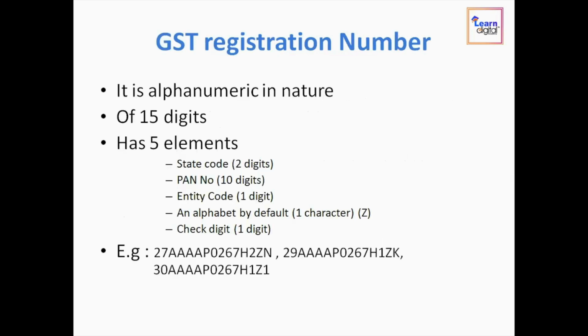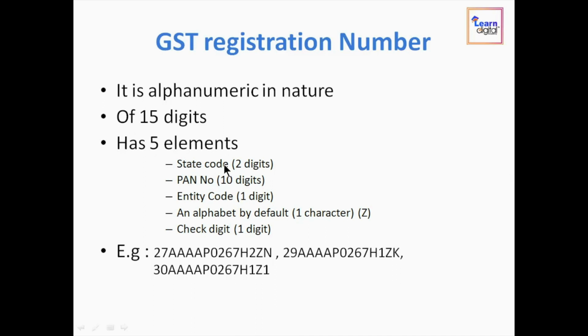Now, the GST registration number. The GST registration number is alphanumeric in nature. You will find numbers as well as letters in it. It is 15 digits and has 5 parts. The first 2 digits are the state code. The state code for Maharashtra is 27, for Karnataka it is 29, for Goa it is 30.